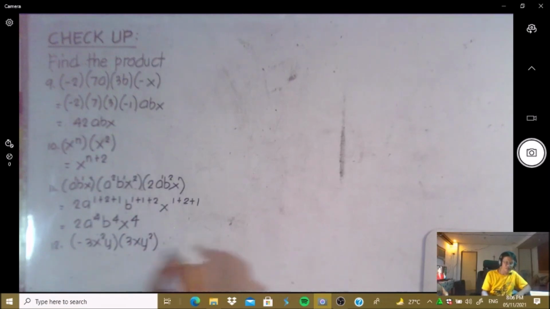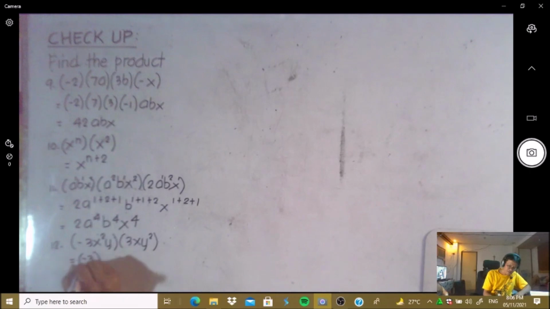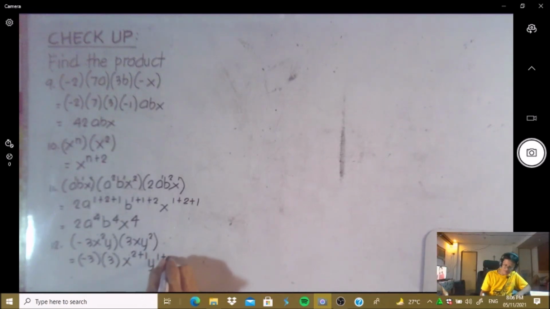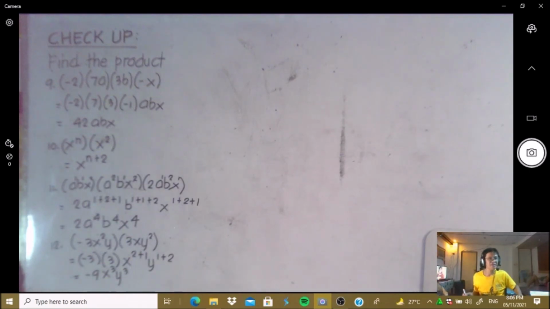Okay, therefore we have negative 3 multiplied by 3. Then we have x, 2 plus 1, then y, 1 plus 2. Therefore, our answer is negative 9x cubed y cubed. Okay, that is our final answer.